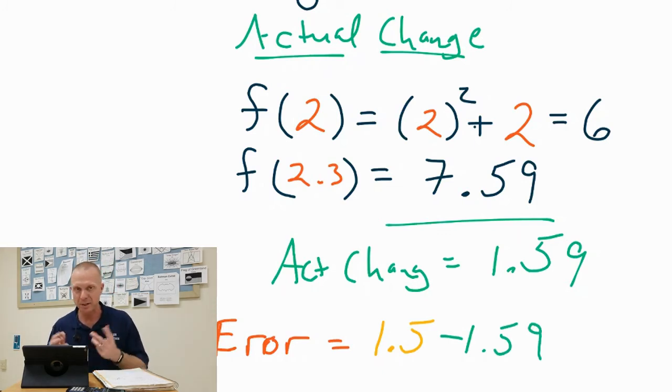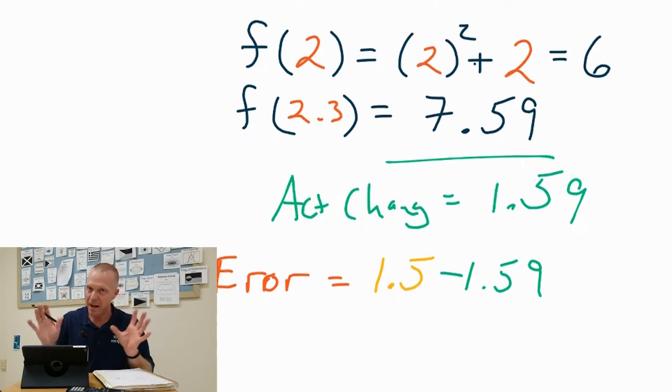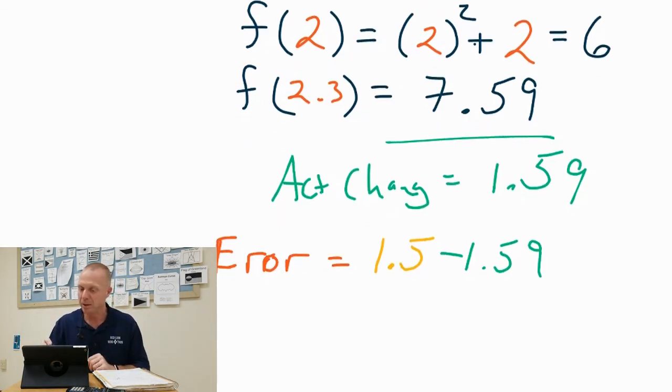My actual change I just found. It really doesn't matter which way you subtract them, because we really just want the absolute error. So yes, this is going to come out negative, but when I do the absolute value, we'll just go ahead and switch it back to 0.9. So basically, the two changes only differ by 0.09. Okay, and that's our comparison.